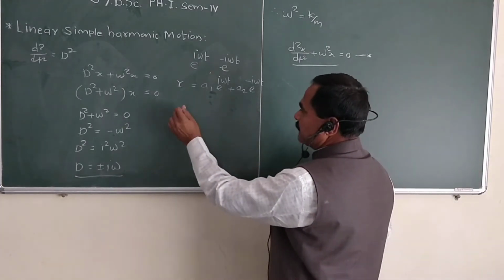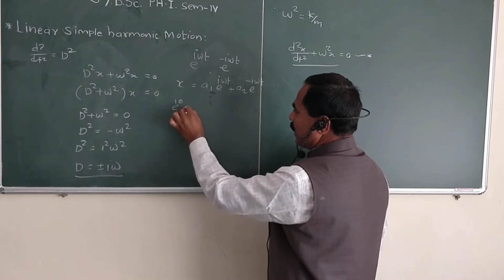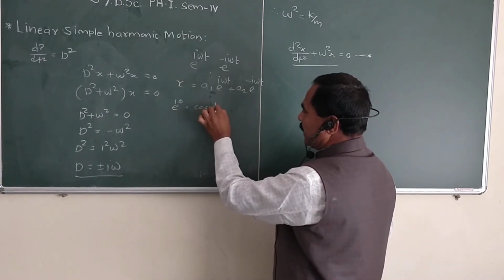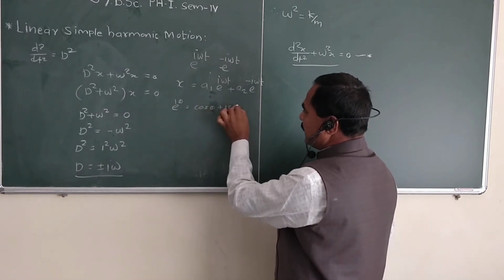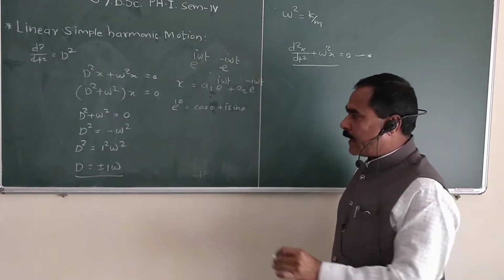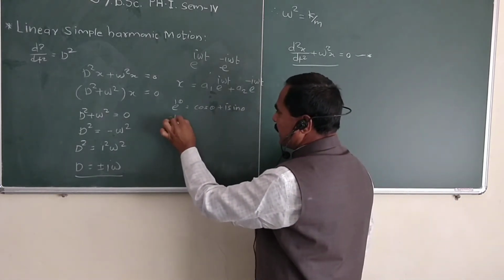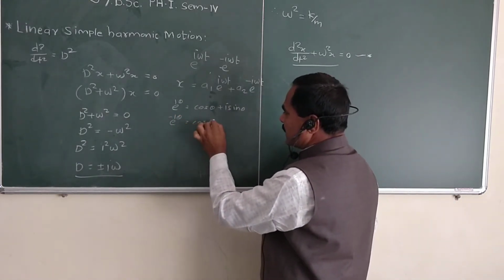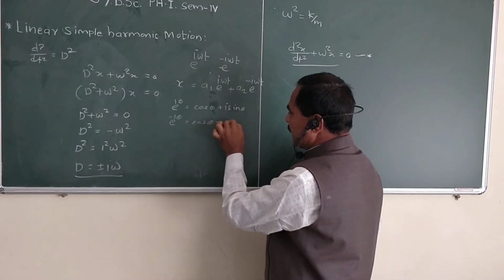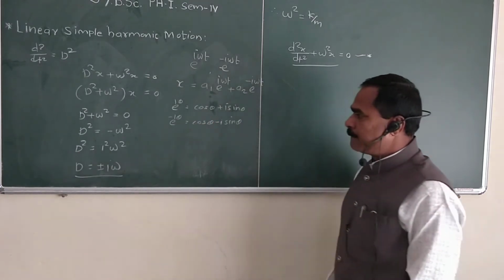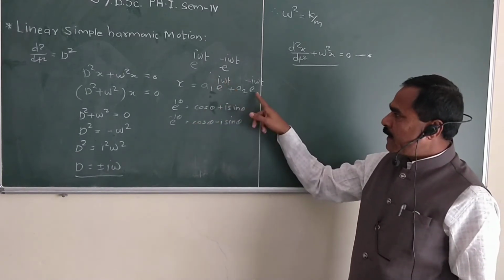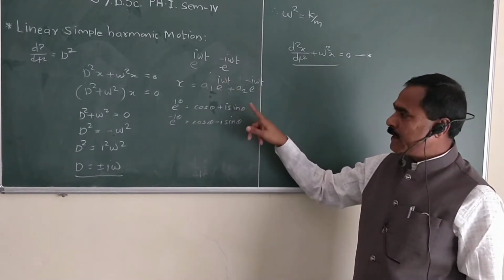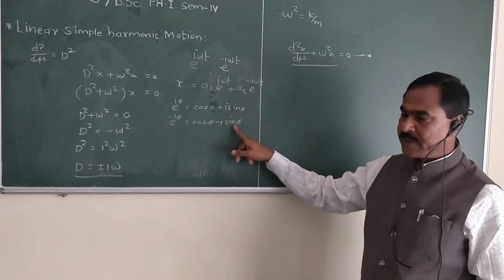Then you know that e raised to i theta equal to cos theta plus i sin theta. Okay? And e raised to minus i theta equal to cos theta minus i sin theta. So you use this here, e raised to i omega t and e raised to minus i omega t, in terms of this. Okay?